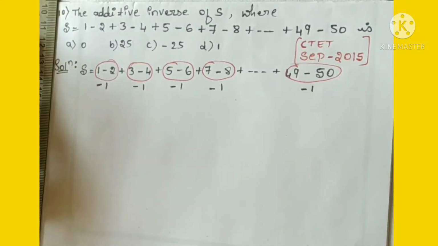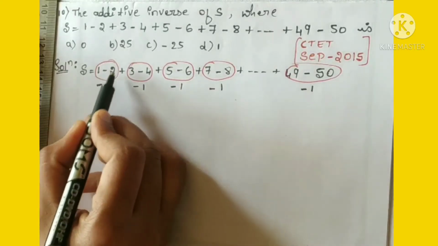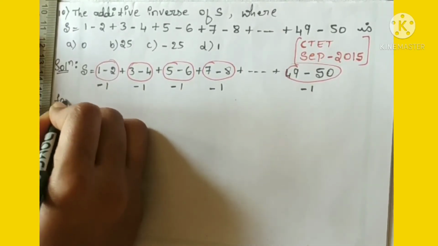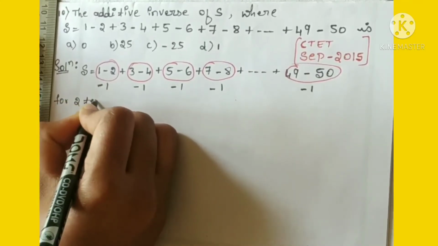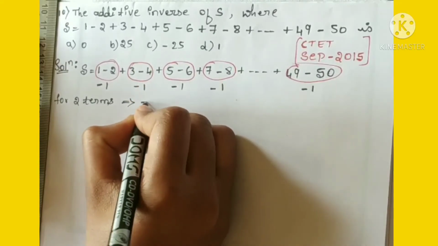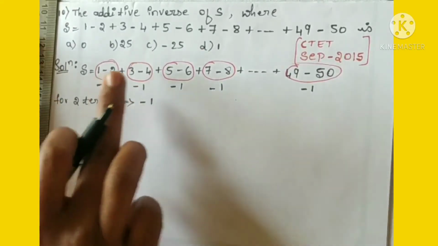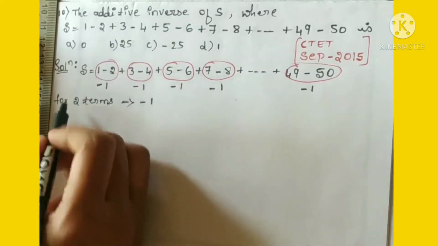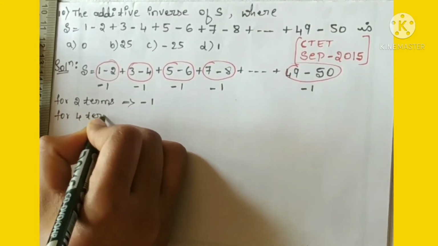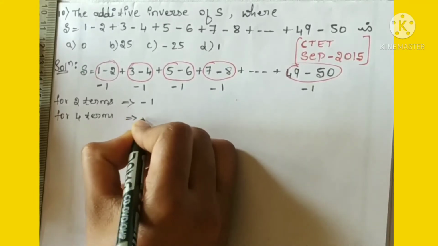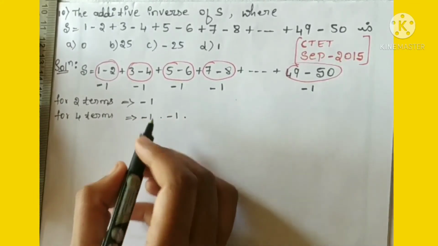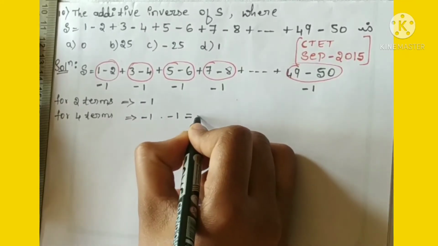Now, if you observe, for two terms we get minus 1. For four terms, that is 1, 2, 3, 4, we get minus 1 into minus 1, which is equal to minus 2.